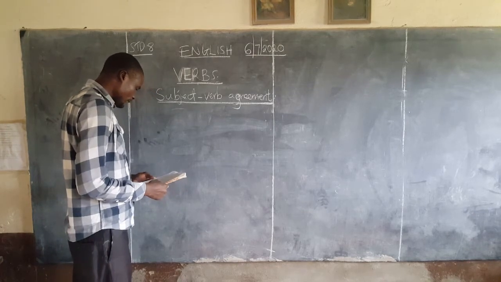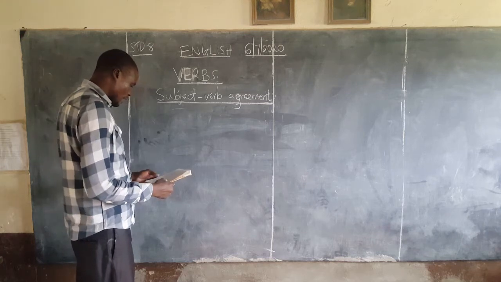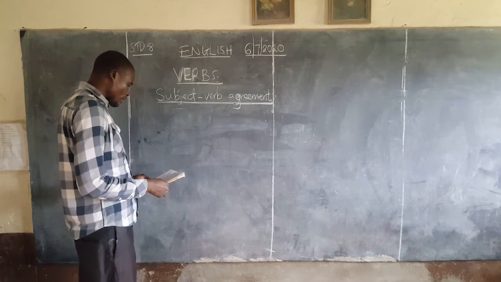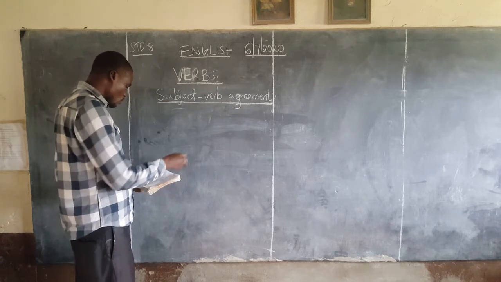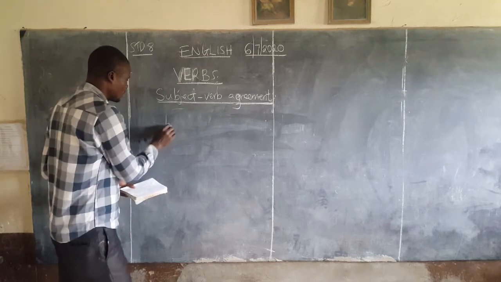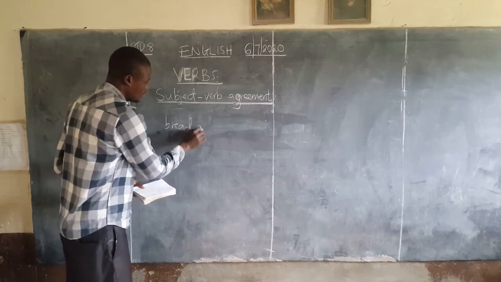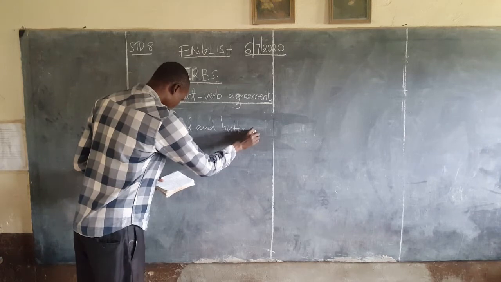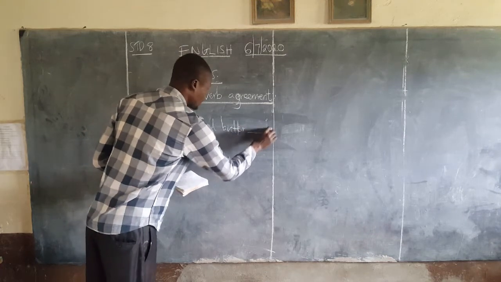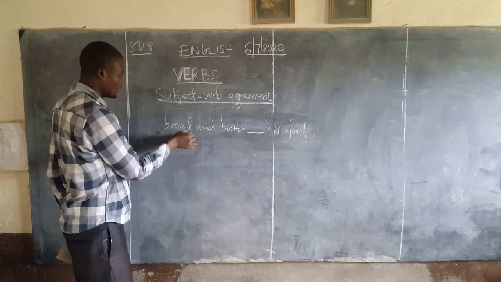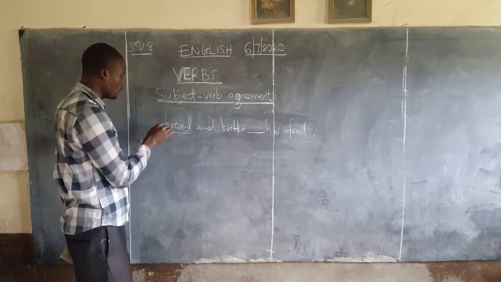Number 3 is when and is used again, but the same person or one thing is joined, like the cook and the houseboy. Or bread and butter. Let me use that. Bread and butter, dash, is food. Now we know very well that we talk of loaves of bread, a loaf of bread.